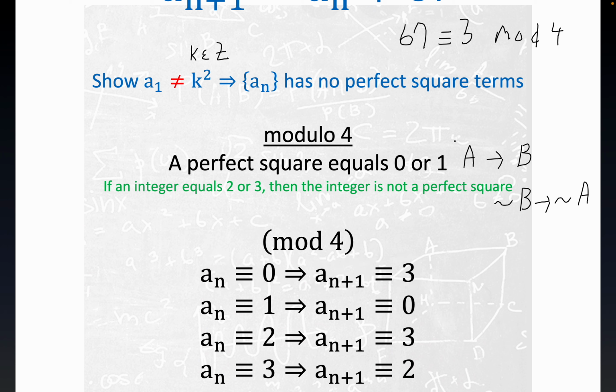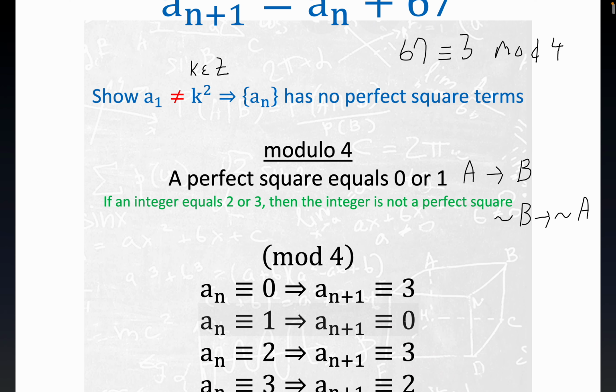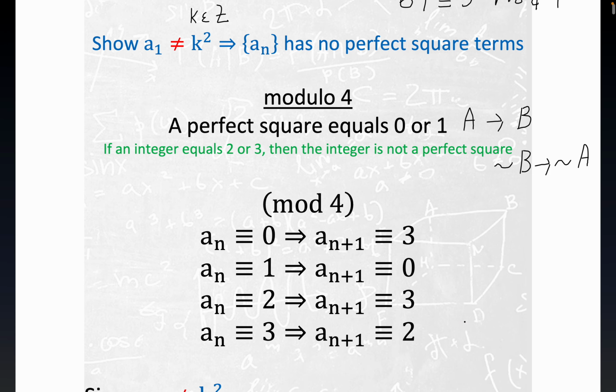That follows immediately from this statement, and the rest of these computations are very easy. This would be 68, and 68 is congruent to 0 mod 4. I won't go through all of these, but what we see here is a nice result. We see that everything except for 1 gets sent to 3 or 2. Remember that if you're congruent to 3 or 2, you're not a perfect square.